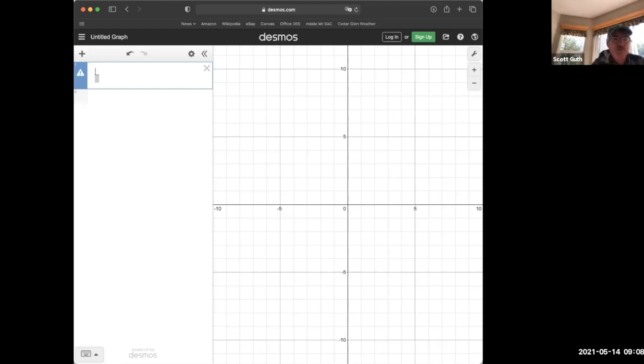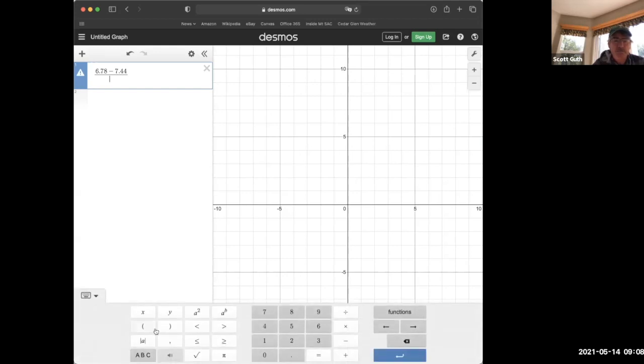If you just do the slash to start with, it builds up a nice fraction for you. So 6.78 minus 7.44. No point in putting minus 0 up there. Now the square root is inside the toolbar that you pull up from the bottom. The square root key there. Now I need another fraction, so I'm typing slash. And then 0.63 to the second.